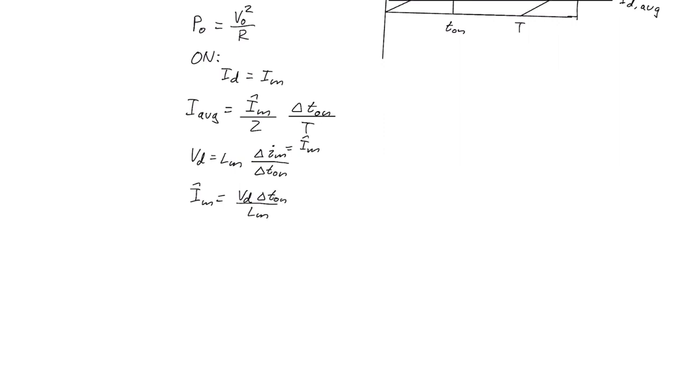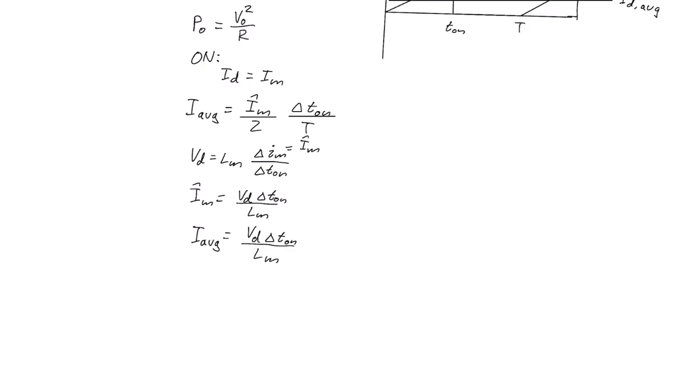And now we can put this into the equation for the average current. The average current is equal to the peak value of the magnetization current, which is equal to VD multiplied by the change of time when it's on over the mutual inductance.